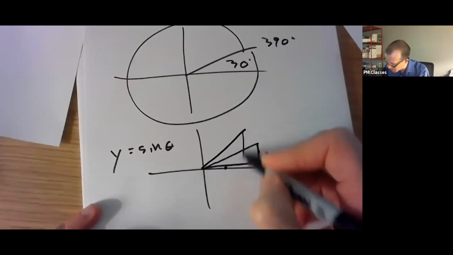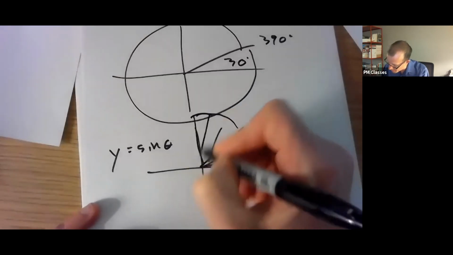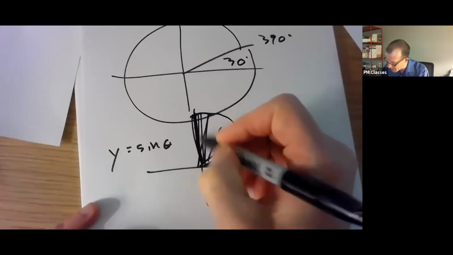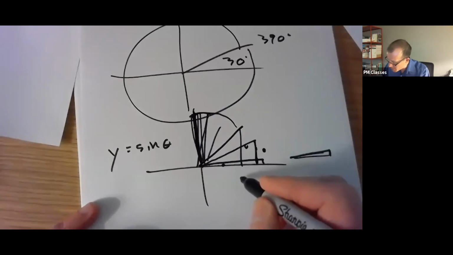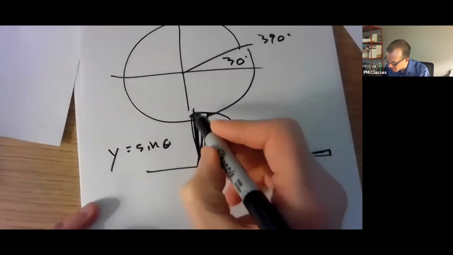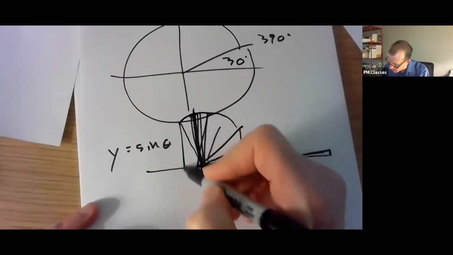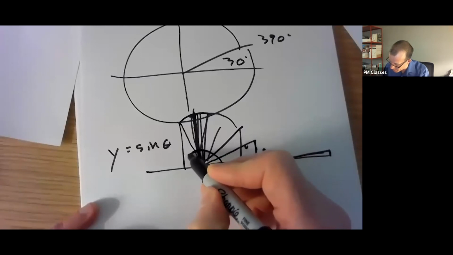As this gets bigger, that gets bigger and bigger, all the way up until I have a triangle that's basically straight up and down, in which case my opposite and my hypotenuse are the same darn thing, okay? So this means, and then if I keep going, and then we'll graph this. If I keep going, my angle gets bigger and bigger. It goes past 90, goes to 110, whatever.